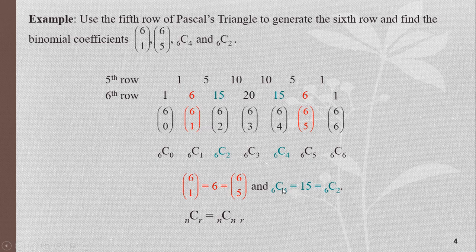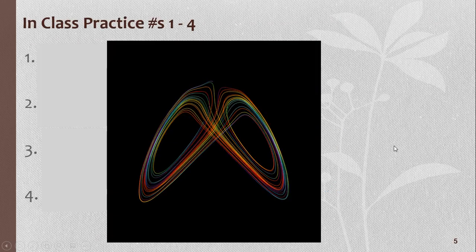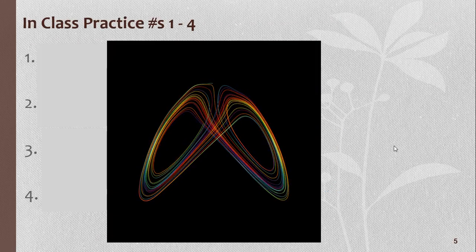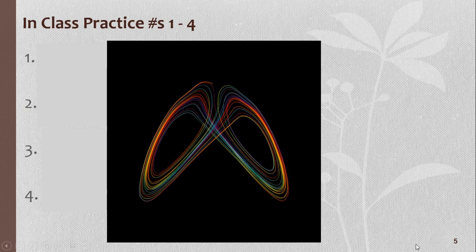So here I've got 6, 4 is equal to 6, 6 minus 4, which would be 2. So 6, 4 is equal to 6, 2, and that's 15 in this row. So symmetry. All right, let's switch over to the in-class practice and take a look at those real quickly.